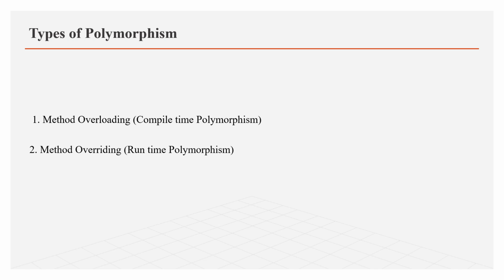But method overriding is known as runtime polymorphism. We can't say which method will be called, but at runtime we will understand according to the output which method will be called. Method overloading is also known as static binding and method overriding is also known as dynamic binding.